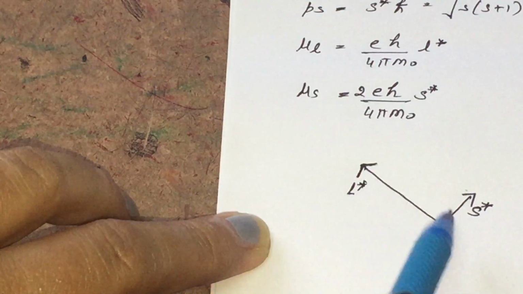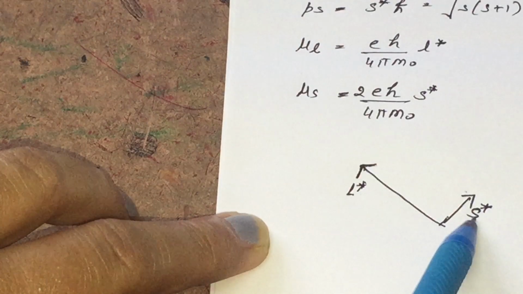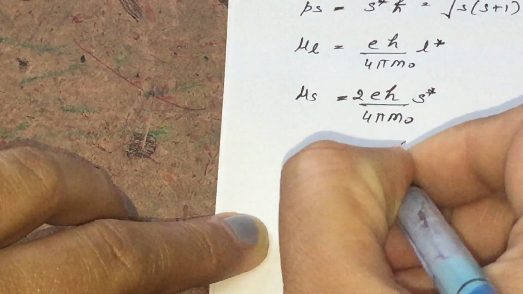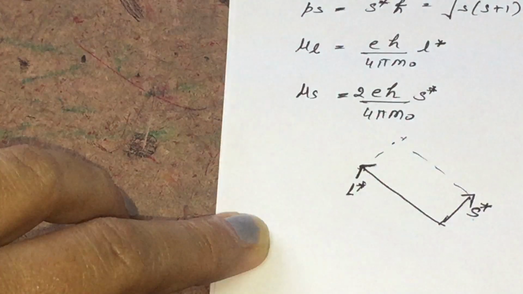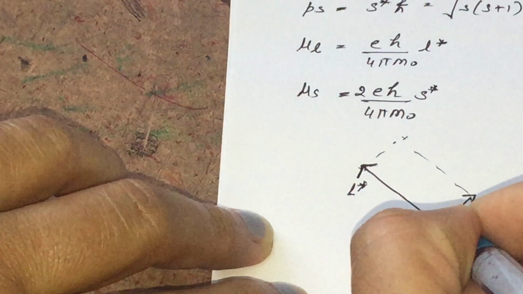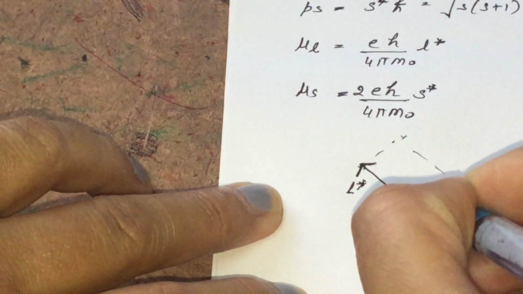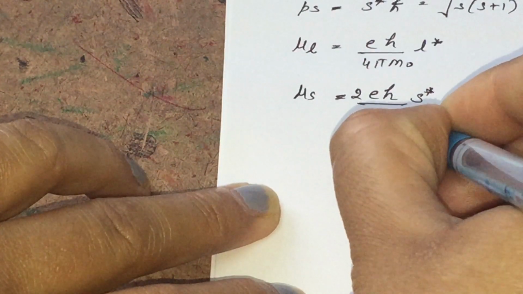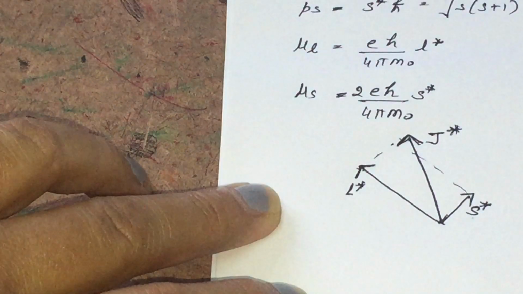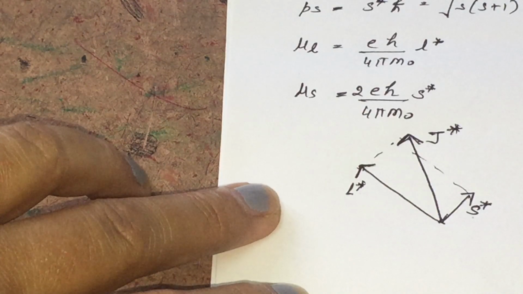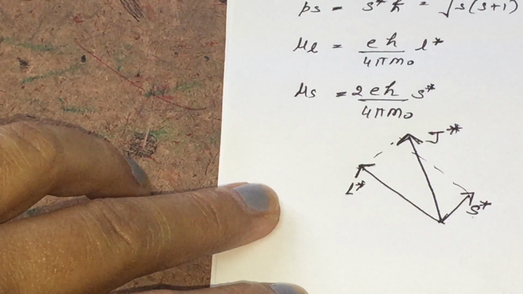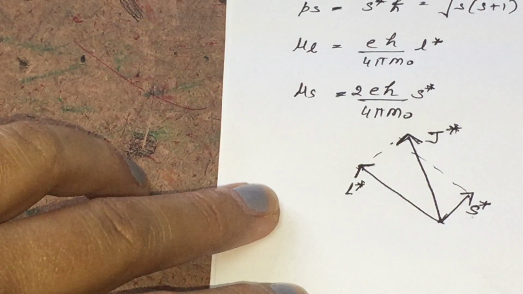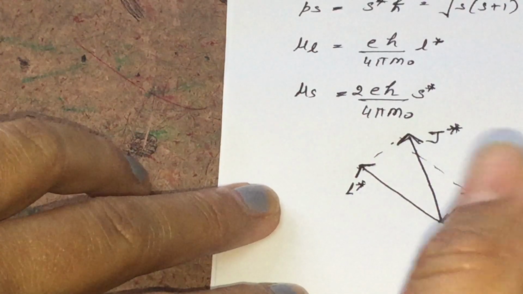And as these two are vector quantities, if we apply the parallelogram law of vector addition, we know that we will have the diagonal as a resultant, and here we are giving J star as our resultant vector, known as the total angular momentum.